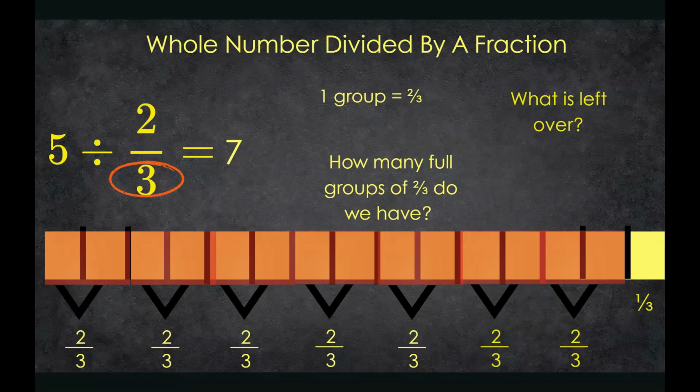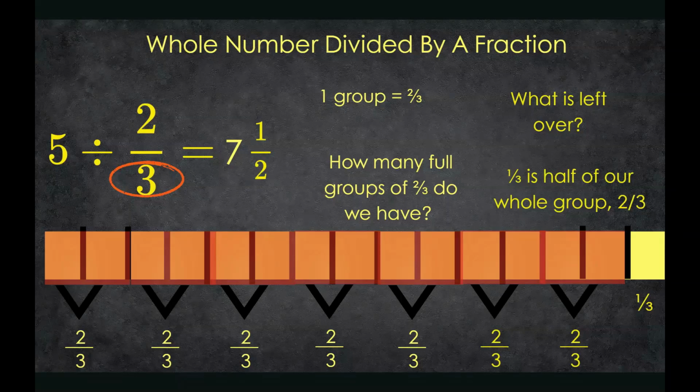Now here's the hard part. That is not the fractional piece that goes with our answer. We have to keep in mind how big one group was. Well, one group was 2/3. If we have one part left, we actually have half of a group. So we have 7 full groups and a half of another group.